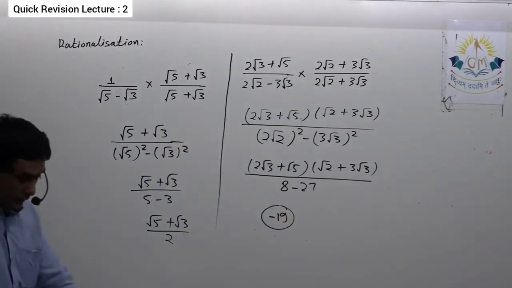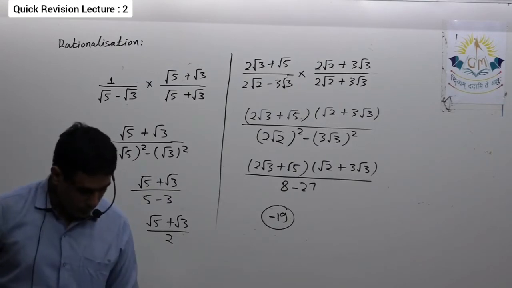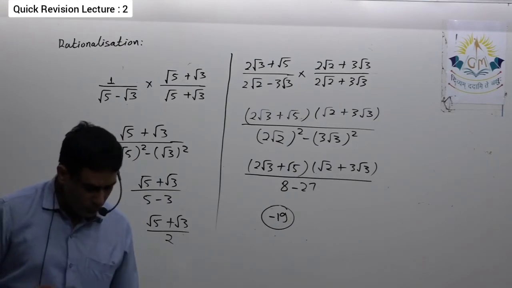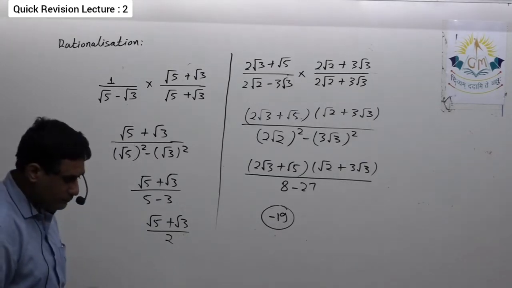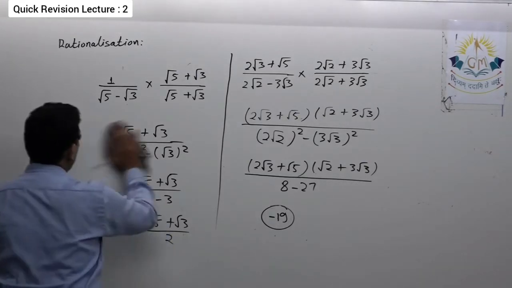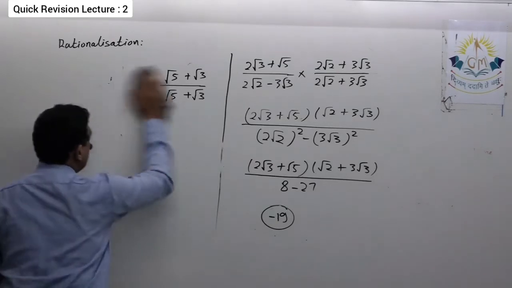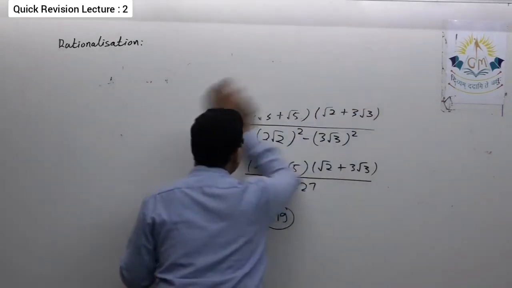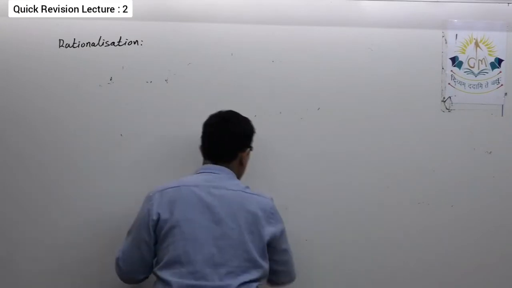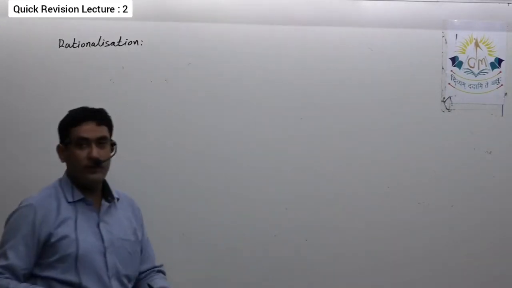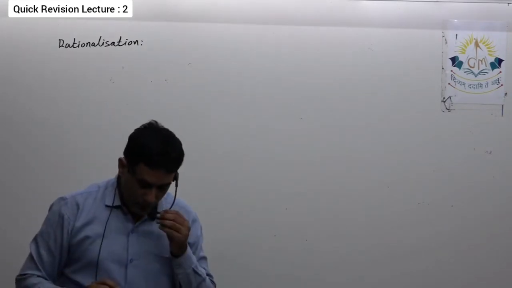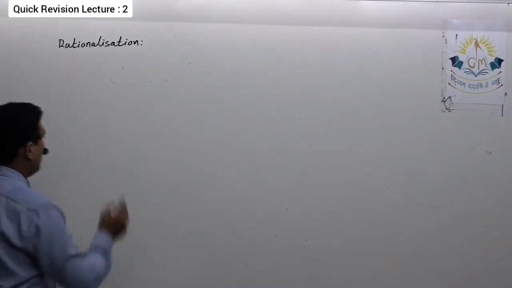So let us see some more questions. Generally, they do not ask this much. Next type of question: an expression is given and it is equal to another expression that contains some variables, and they ask you to find the value of the unknowns.